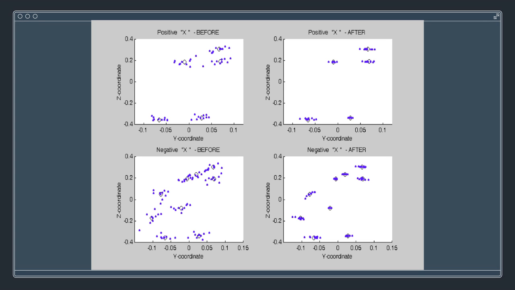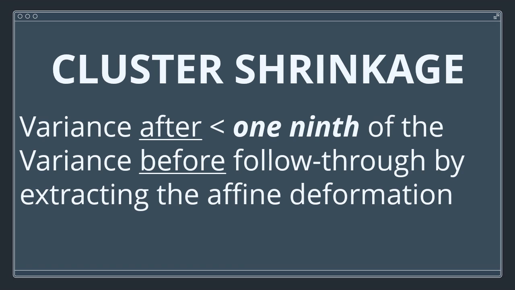First, the main point of this presentation is intended to demonstrate a very substantial shrinkage in the spread of these clusters. The variance comes down by more than a factor of 9. To put this in perspective, that's almost a 90% reduction. Compare that against the 19% reduction described for the 2D example mentioned earlier.